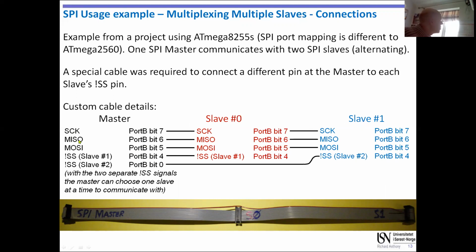The MISO on the master goes to the MISO on both slaves. The MOSI on the master goes to the MOSI on both slaves. And this is the clever bit. So use different port bits to control the slave select. One port bit controls that one, and a different port bit controls that one. That's the only important difference from a standard.